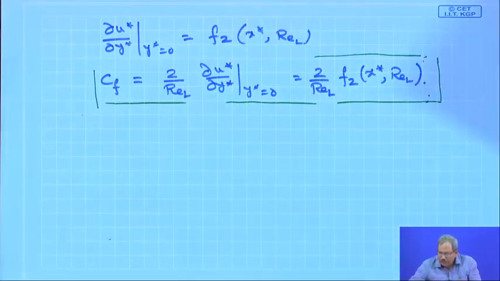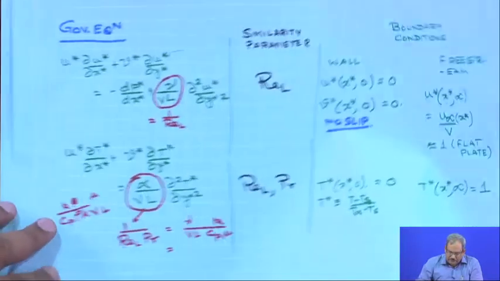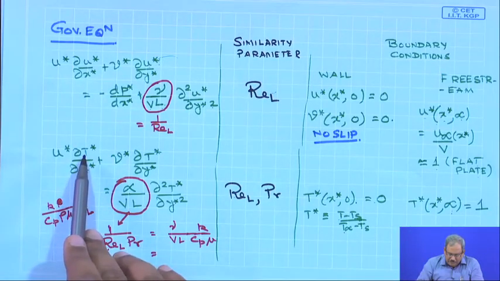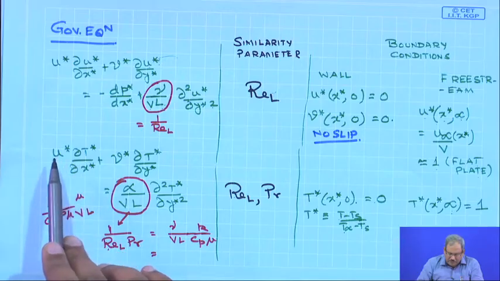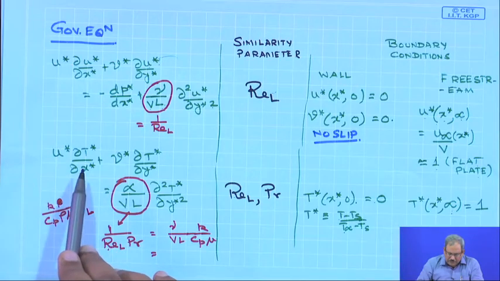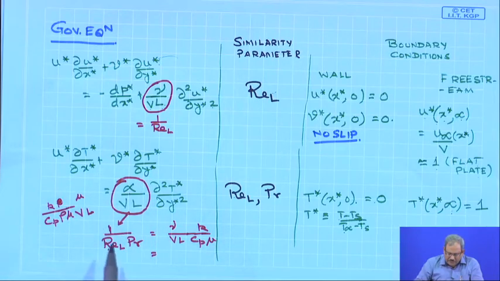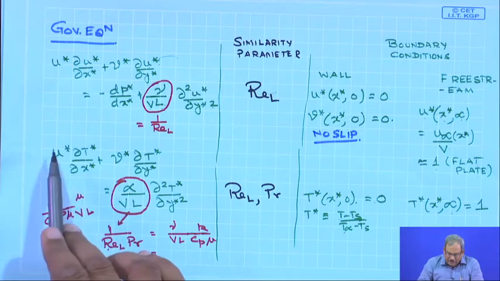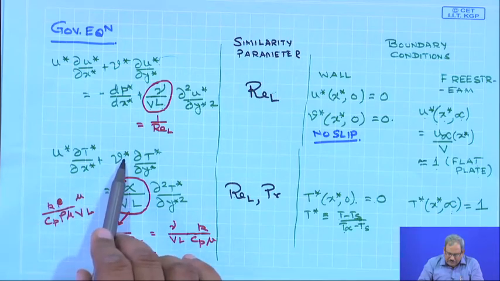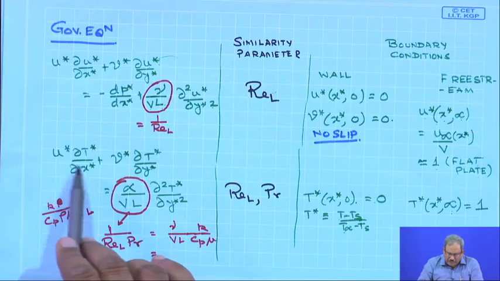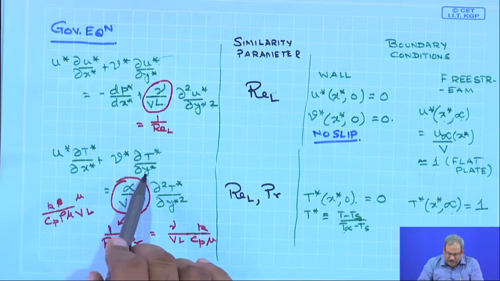If I look at the temperature expression that we have obtained, my temperature profile T* would be a function of u*, x*, v*, y*, Reynolds number and Prandtl number. But this u* and v* are already known functions of x* and y*.